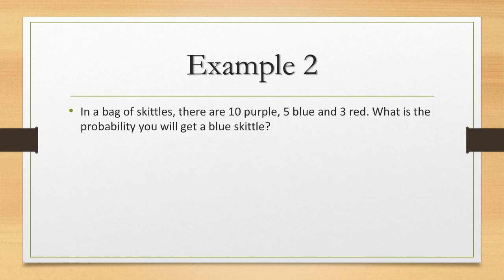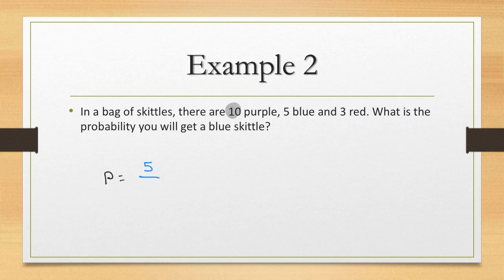Here's another example. It says in a bag of Skittles, there are 10 purple, 5 blue, and 3 red. What is the probability that you will get a blue Skittle? Okay, so this time our favorable outcome is the blue Skittles. And since there are 5 of those, we're going to have 5 on top. Okay, on the bottom is going to be all of our possible outcomes.